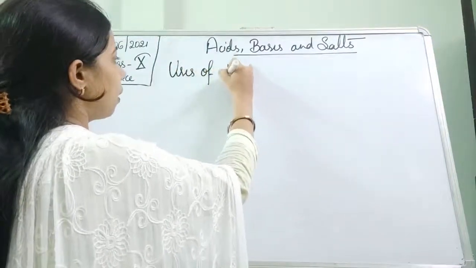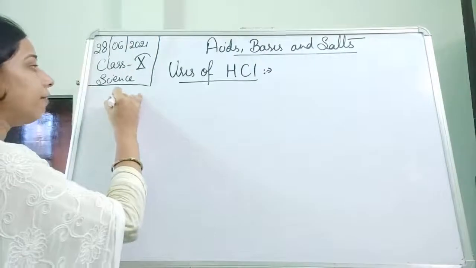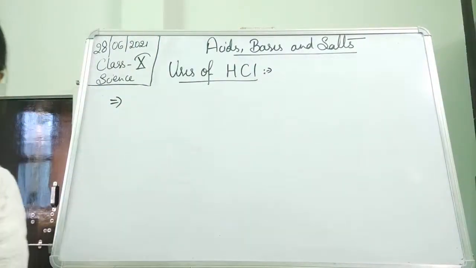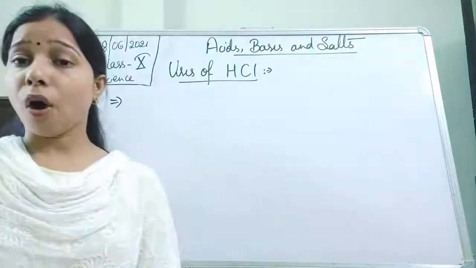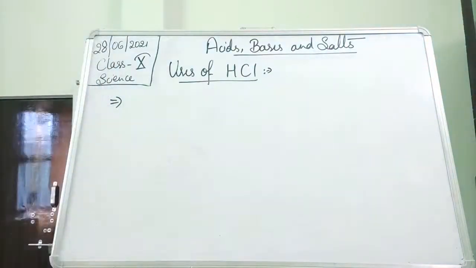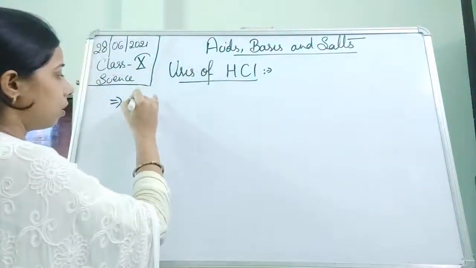Uses of hydrochloric acid, represented by HCl. Already we have seen two of them. So let us see the last one: for removing scale deposits from inside of boilers.